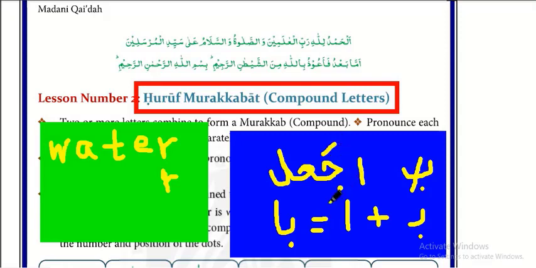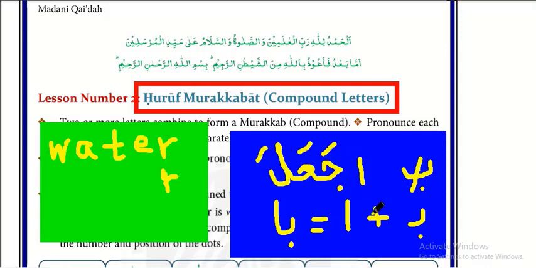Again, we have used the tip of jim, not the whole body, just the first tip of the jim, and then the middle letter is ain, with a fatha over it, and again the ain's tip is used, not the whole body, and then the last letter is used in full shape. In Arabic, the last letter must be written in whole. We cannot cut the last letter because the last letter has no extension after, so it has to be written in full shape, like ja'ala.